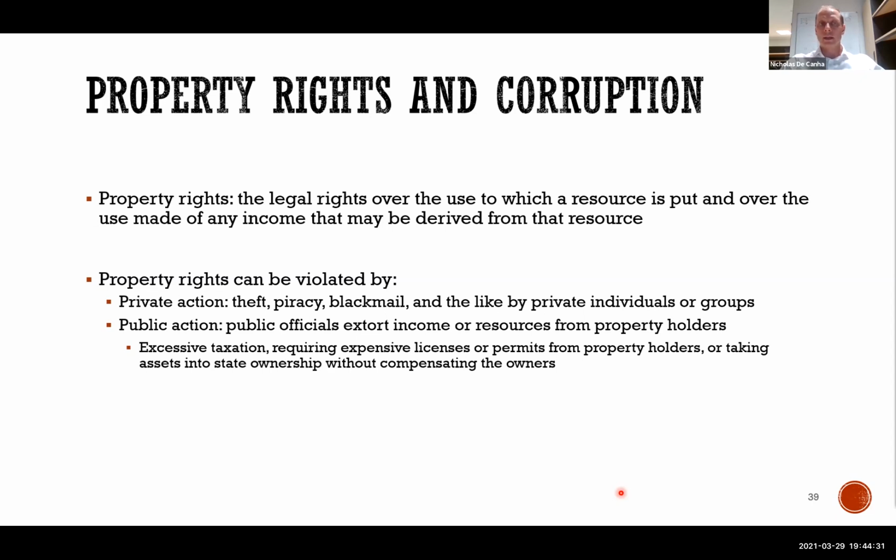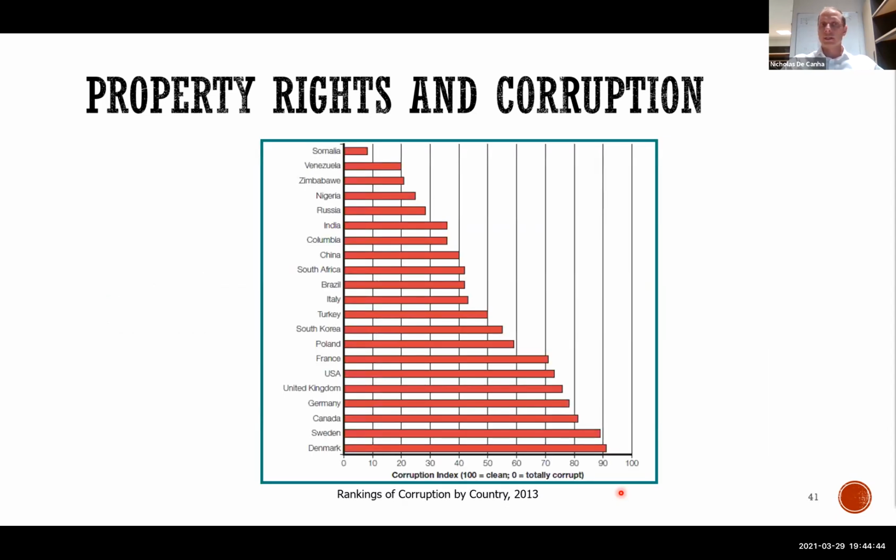So property rights are violated by all of these, and as I pointed out, the intervention in the Ant Group's listing was a very unusual and not good move. There's a global measure of this, corruption by country, and you've got countries with very low perceived levels and countries with very high perceived levels of corruption.